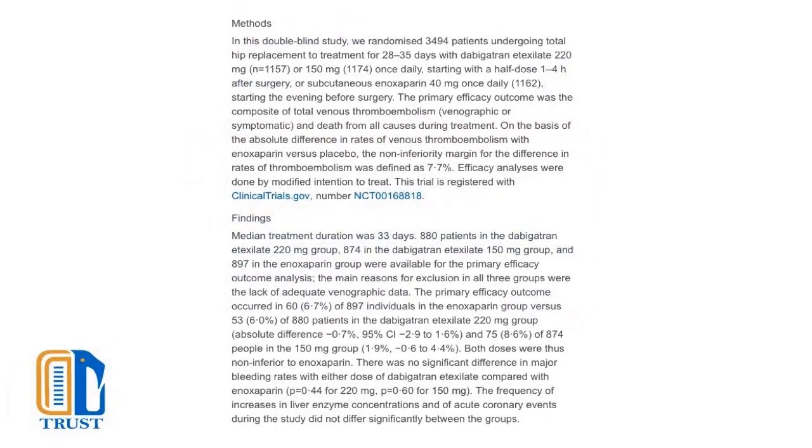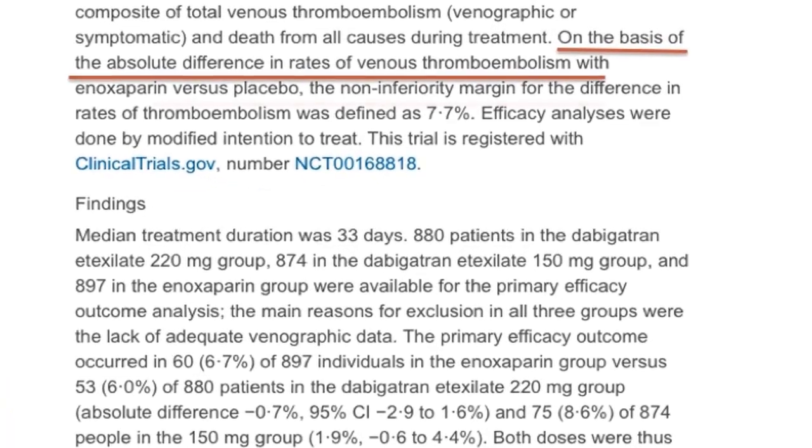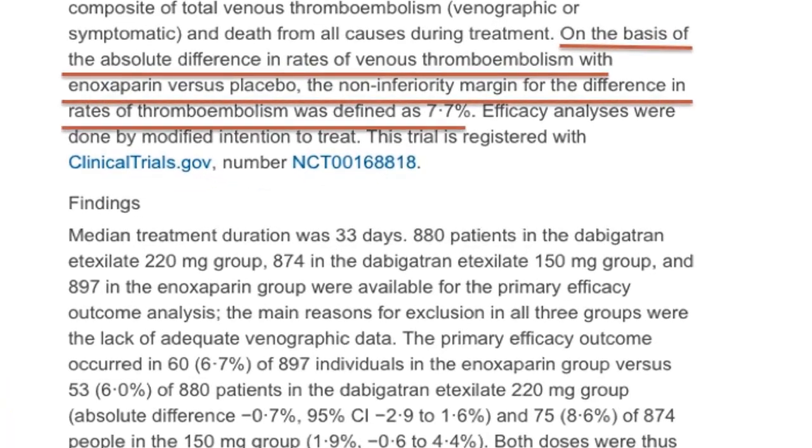Now we should shift to the methodology section to detect the non-inferiority limit of the study. It is the smallest significant benefit expected to be achieved by the classic treatment when compared to placebo. Previous studies have shown a non-inferiority limit of 7.7%.